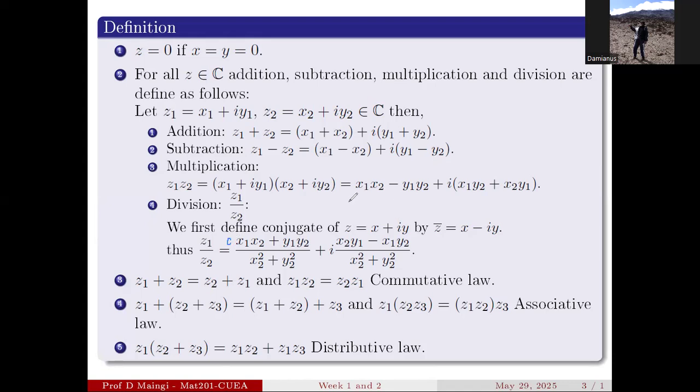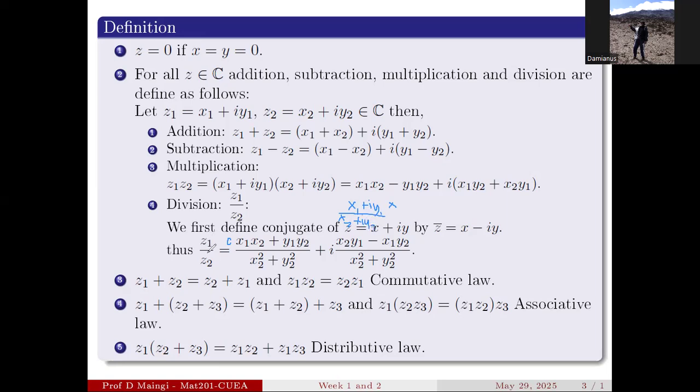You will be multiplying X1 plus iY1, remember this is divided by X2 plus iY2.